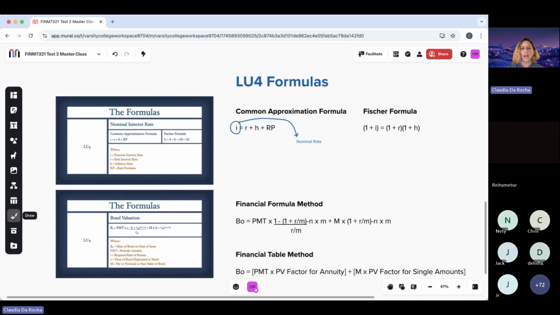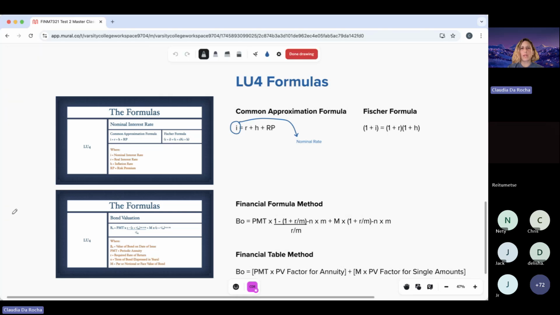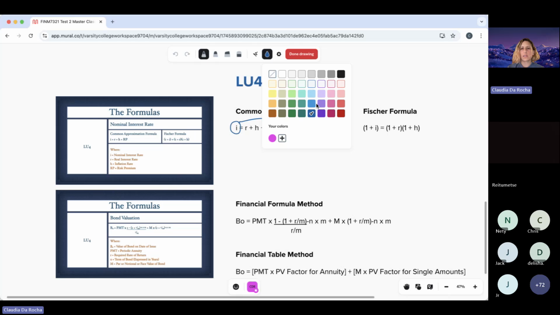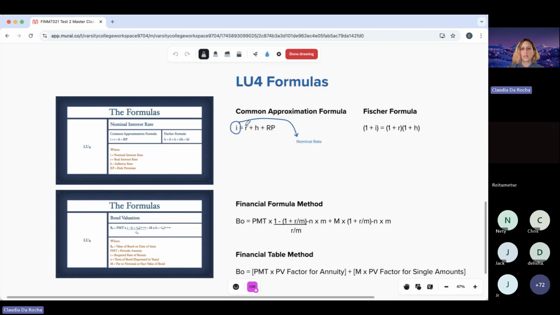Okay, then we have our R being the real interest rate. That is the rate without inflation.